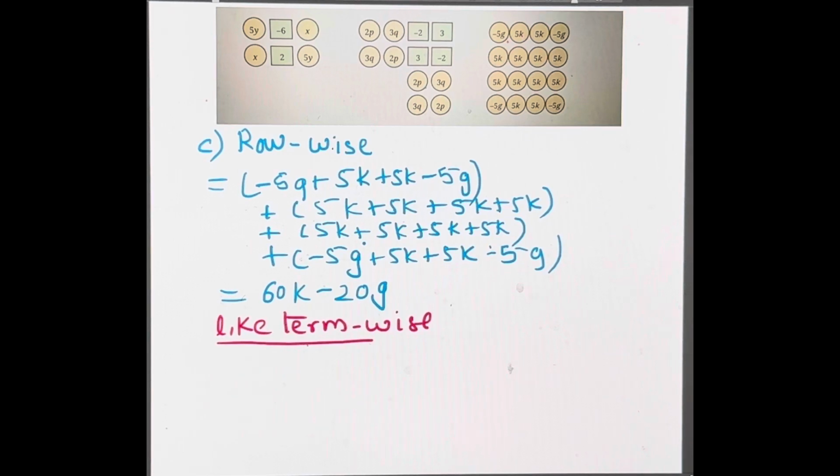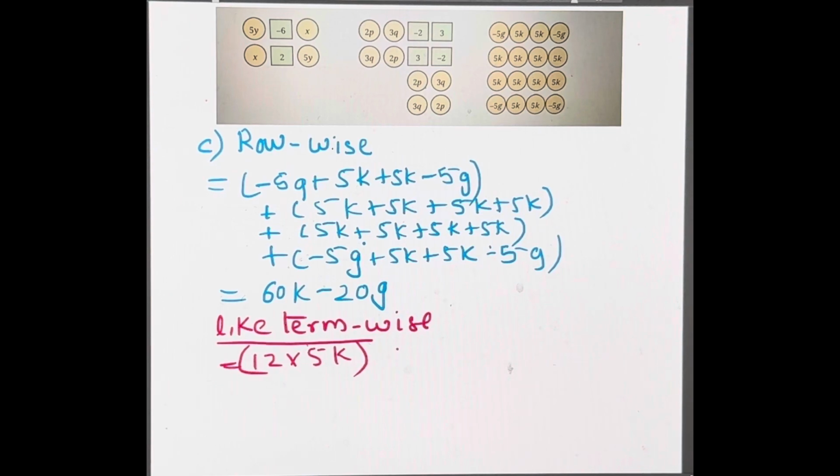Okay, so let us first see the positive with the variable as k. So 1, 2, 3, 4, 5, 6, 7, 8, 9, 10, 11, 12. We already counted in the previous one also. So it would be 12 into 5k. Right? That is the first term.